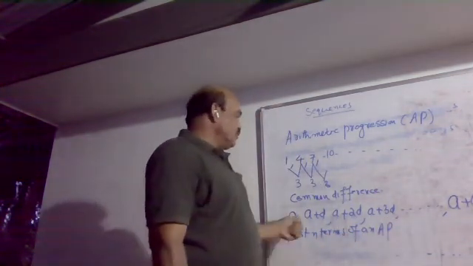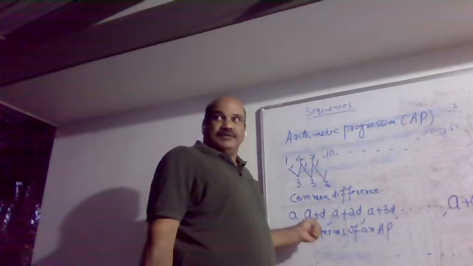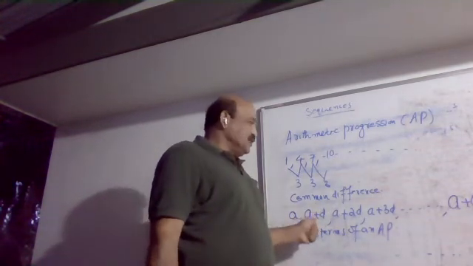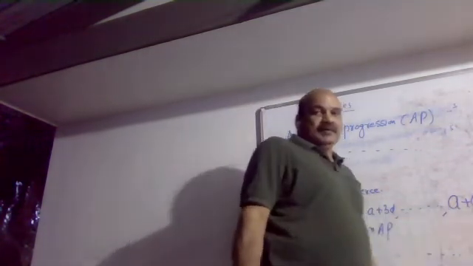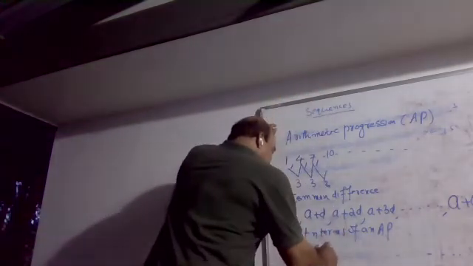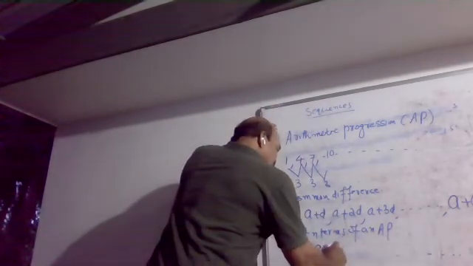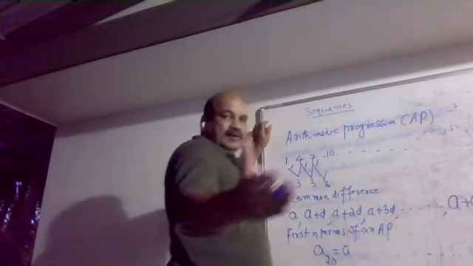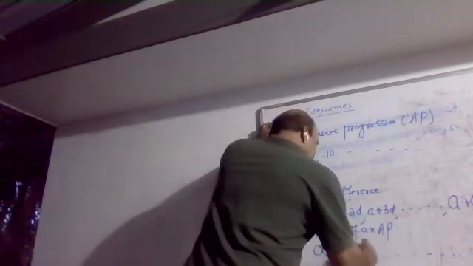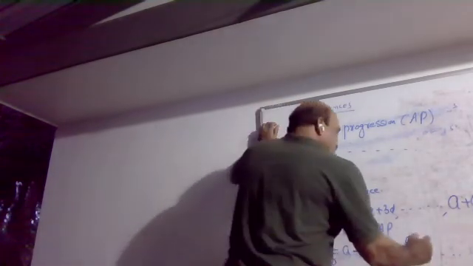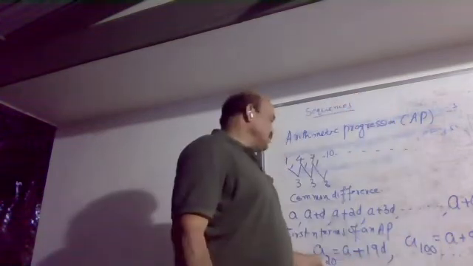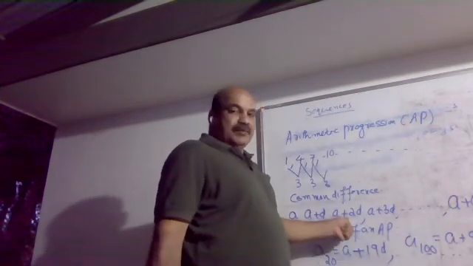So how will you form an arithmetic sequence? By adding a constant to each term. Each term is obtained by adding a fixed number. Suppose A20. What is A20? Somebody can say A20. Yes, correct, A plus 19D. A100? Yes, A plus 99D. So each term is obtained by adding a fixed number. That is called arithmetic progression.